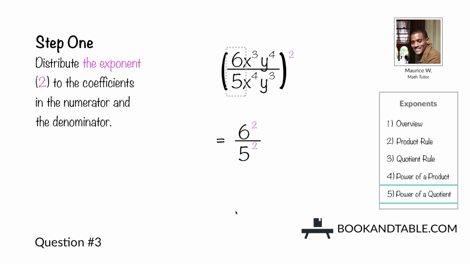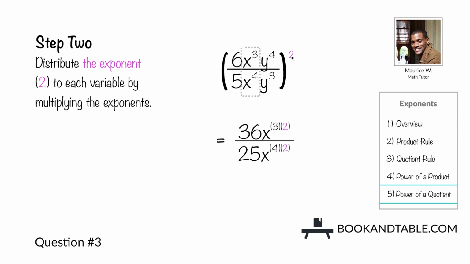Then question number 3, step 1, distribute the exponent 2 to the coefficients in the numerator and the denominator, 6 and 5. So 6 squared would give us 36, and 5 squared would give us 25. Step 2, distribute the exponent 2 to each variable by multiplying the exponents.